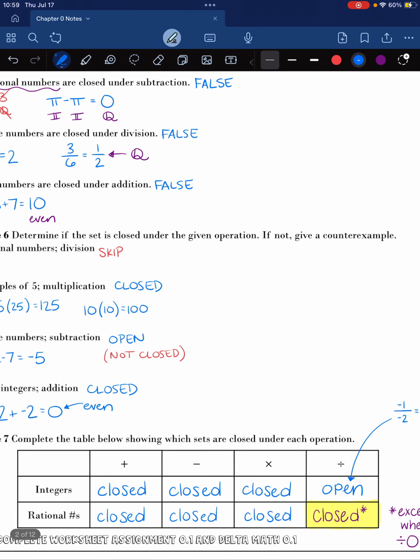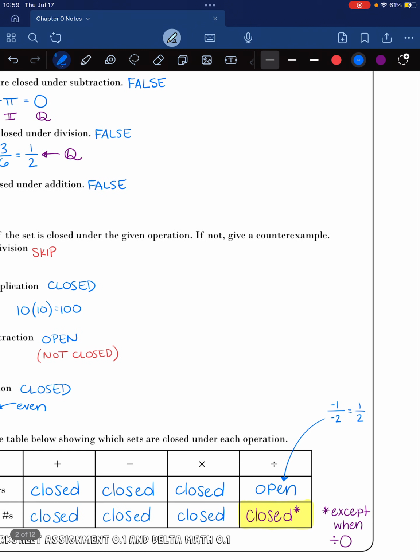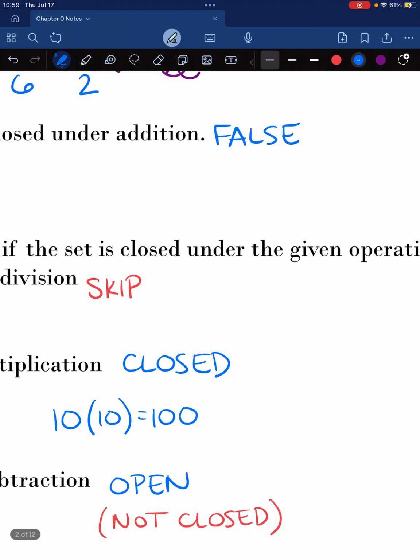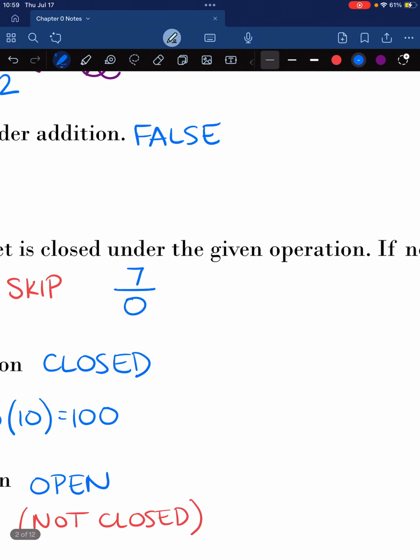Okay, if you Google are rational numbers closed under division, you kind of get conflicting answers. Technically, no, it is not closed. It's open because of the one case of when we divide by 0. So let's look at that up at example 6a. If I divide by 0, 7 divided by 0, 7 is a rational number, 0 is a rational number.